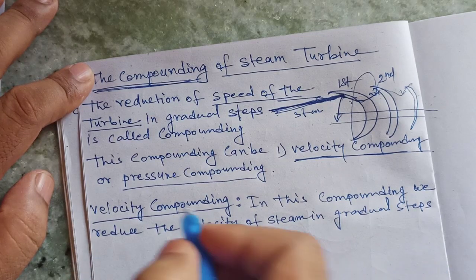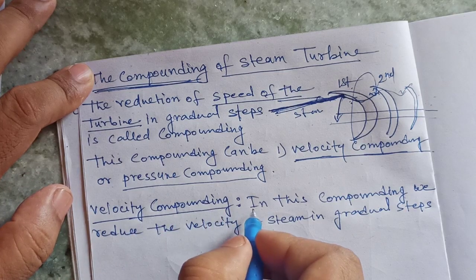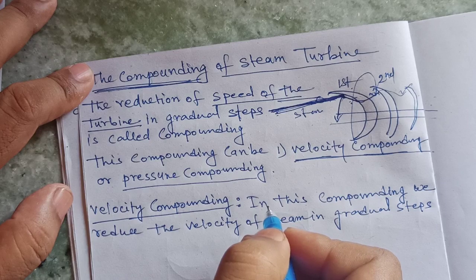Now these types of compounding where velocity is reduced in gradual steps, this type of turbine is called the Curtis turbine.